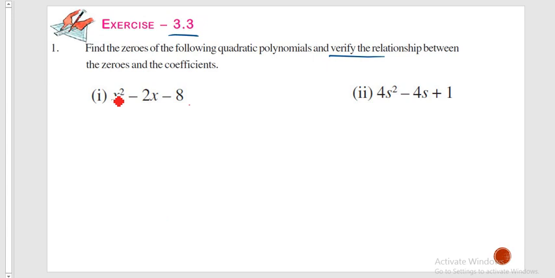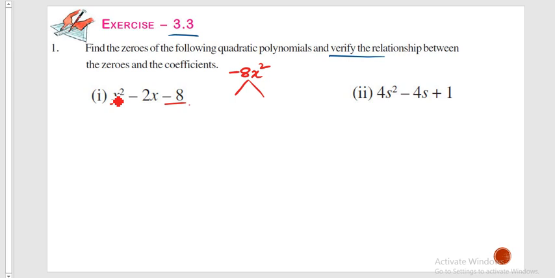So first of all, take the product of the x square term and the constant. So what you are going to get? When you multiply, I am going to get minus 8x square, right? This particular method we call the middle term splitting method, taking factors. So x square into minus 8 is nothing but minus 8x square.